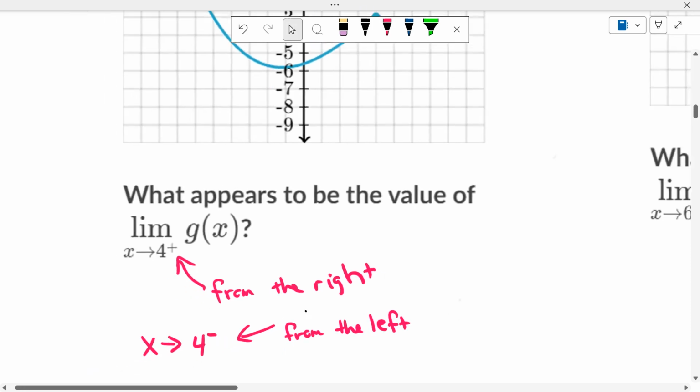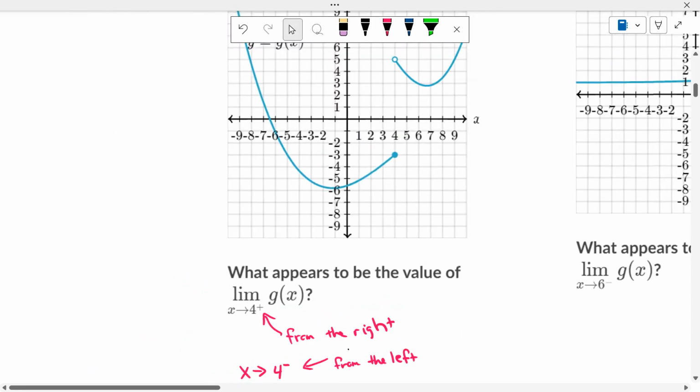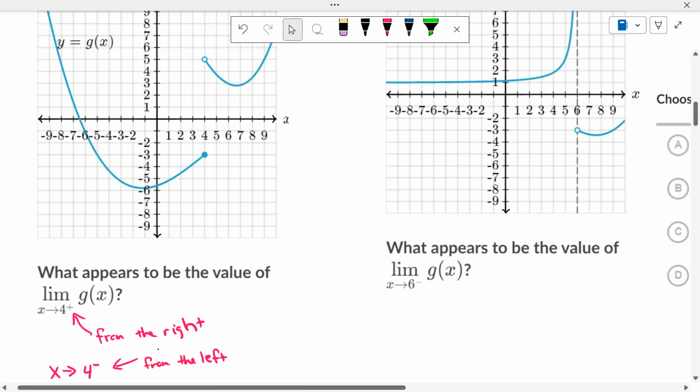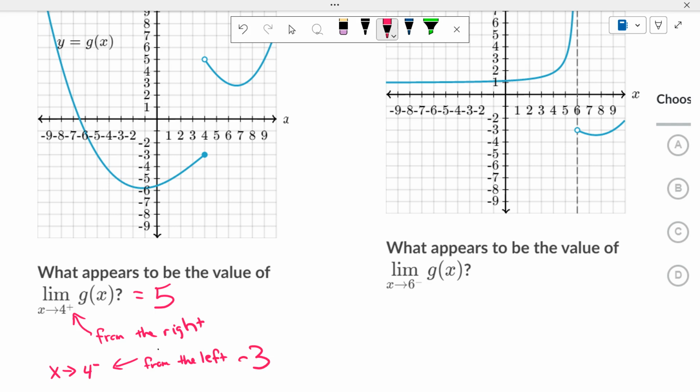Okay? Plus sign is from the right, minus sign is from the left. So what's the limit as it's coming from the right? As it's coming from the right, it would be 5. What would be the limit as it's coming from the left? Negative 3.